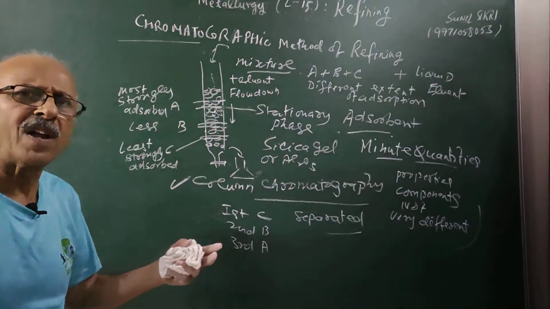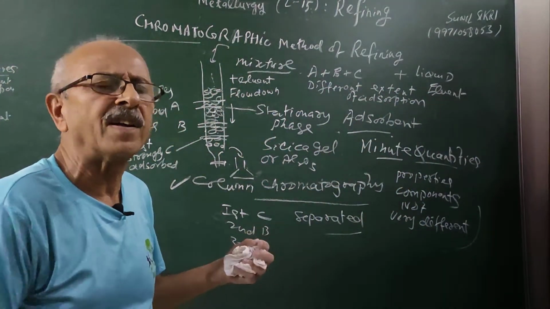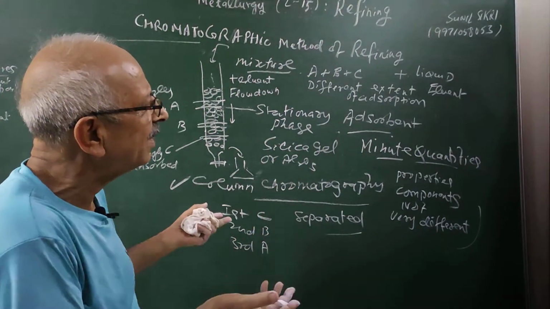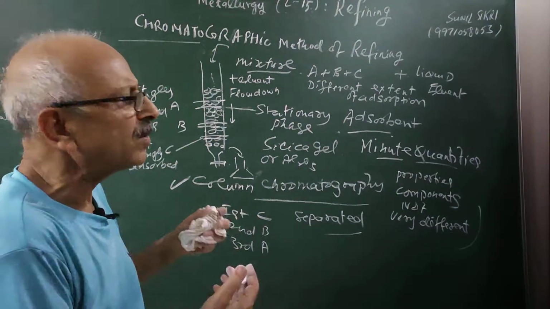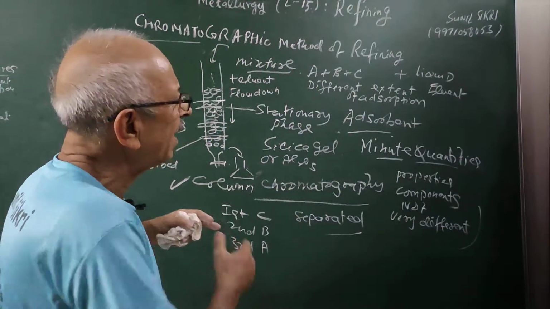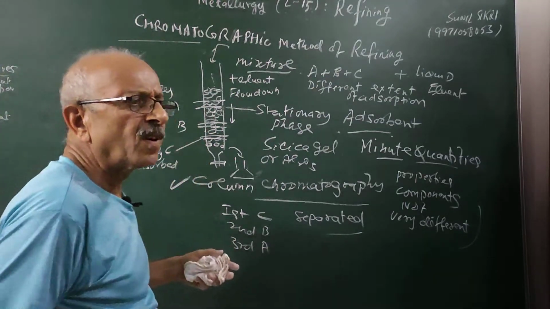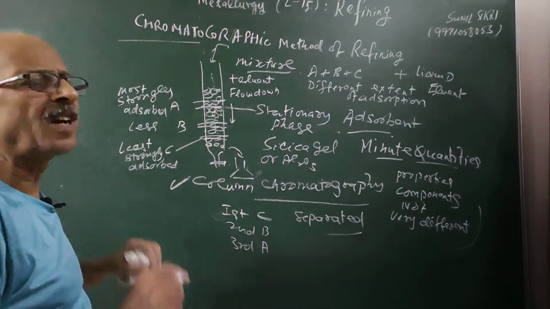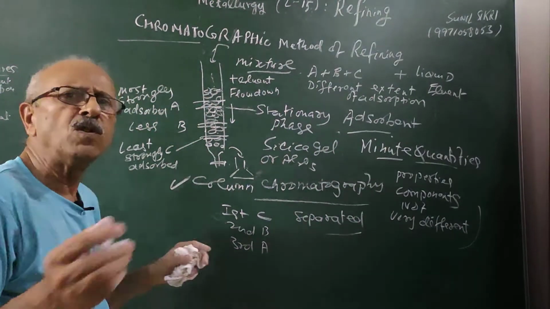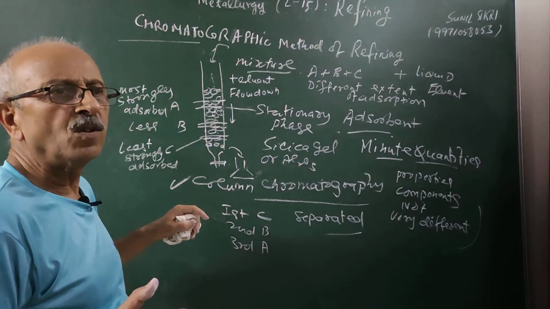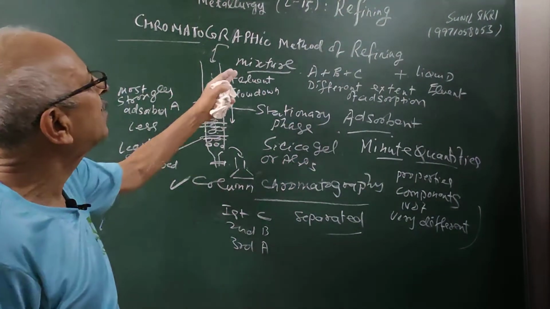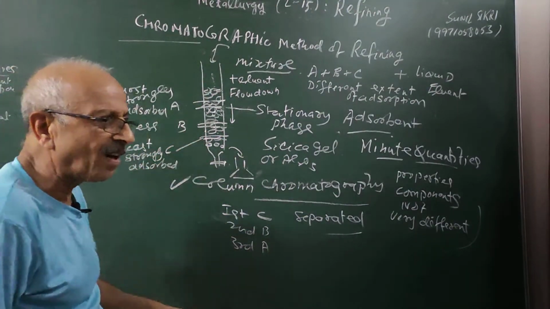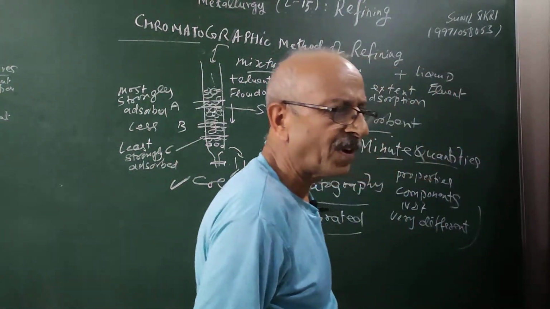For example, when a blood sample is taken, small drops of blood, and so many tests are done, they are separating the different components of the blood and able to give you the report. A type of chromatographic separation is being done. So chromatographic separation means different components present in very minute amounts can be separated by using a suitable adsorbent and an eluent, a liquid, because the extent of adsorption is different for different components.